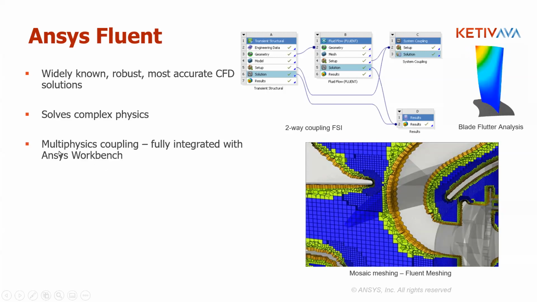The other thing, like I mentioned, is multi-physics coupling. You might have to transfer the solution from a fluid simulation to a structure simulation, vice versa. You could also do it between fluid and electronic simulation. All this multi-physics coupling is very well handled by the Ansys environment.